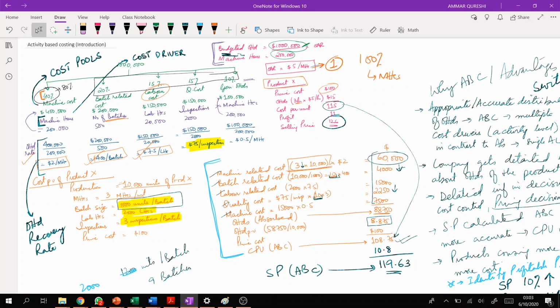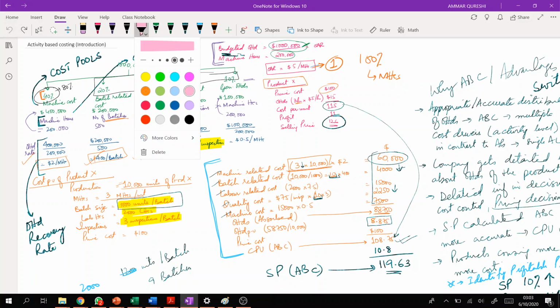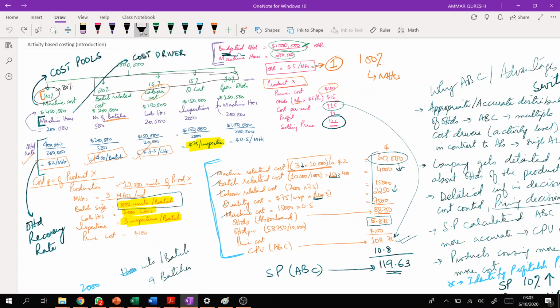First of all, we identified the budgeted overheads, which were 1 million. If the company uses absorption costing, then we divide the overheads by the machine hours, right?